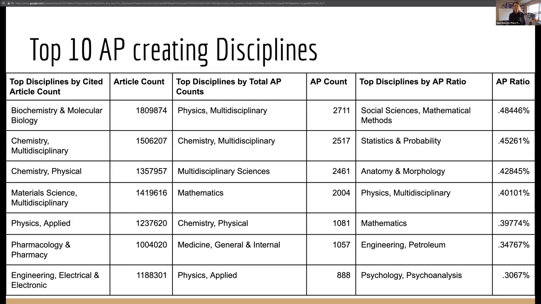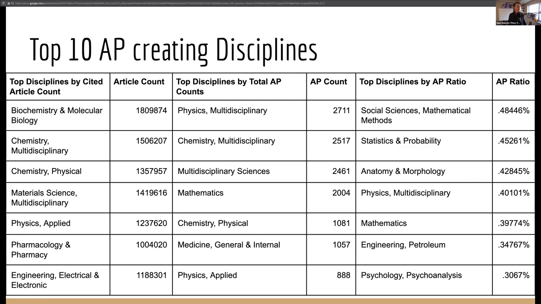Whereas social sciences mathematical methods gets nearly 5 times that. That's a lot more than if they were random. And mathematics is also 0.39. Statistics probability is 0.45. The lowest on our list here is psychology psychoanalysis with 0.3. And then you see the other ones, like the amount that they actually generate.